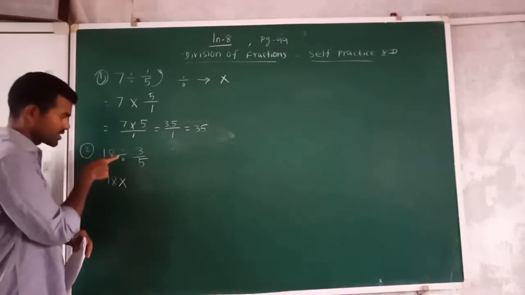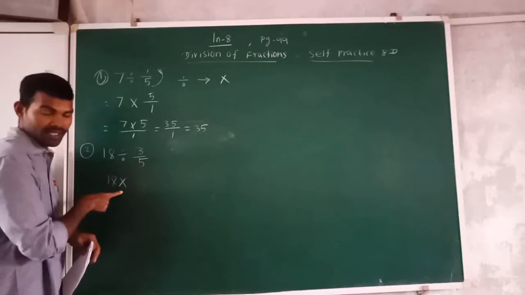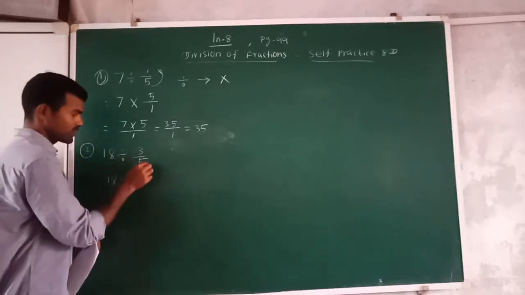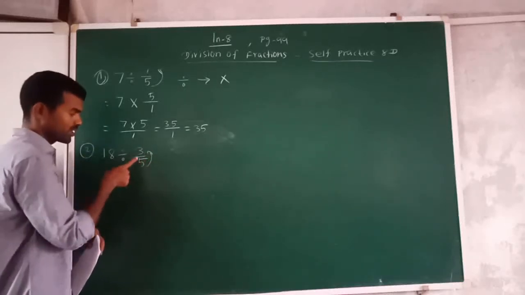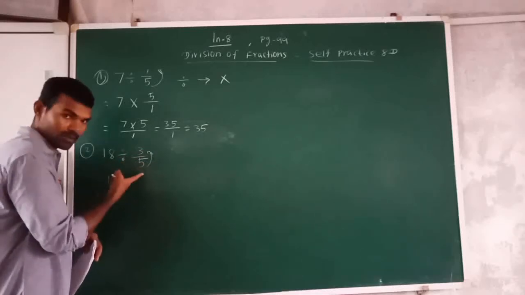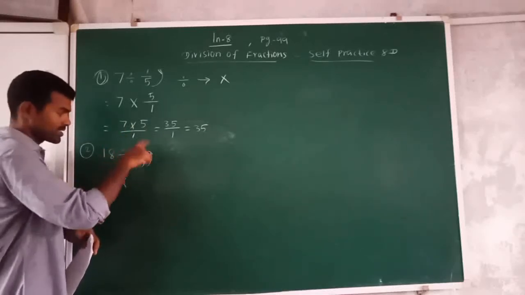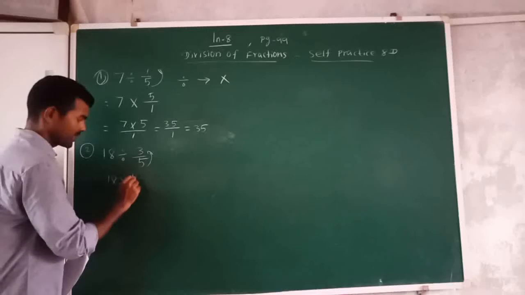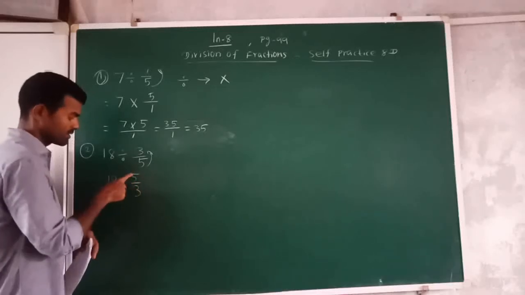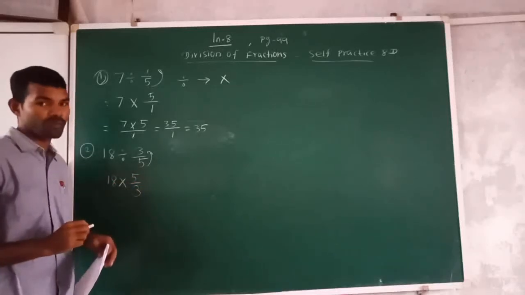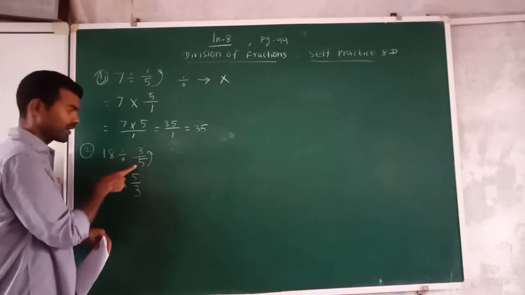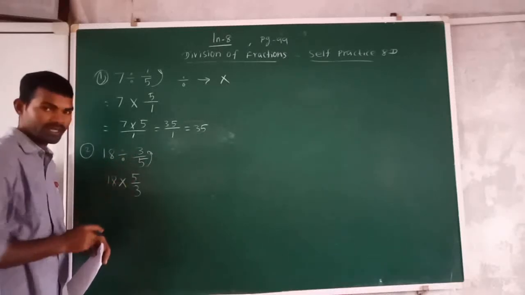Then change the numerator to denominator and denominator to numerator, and write 5 by 3. This number we call the reciprocal. The reciprocal of 3 by 5 is 5 by 3.